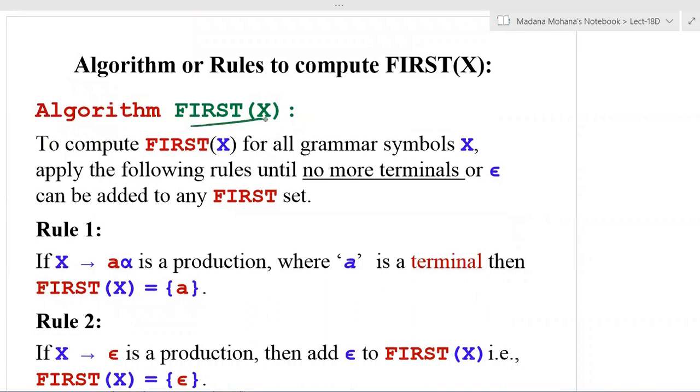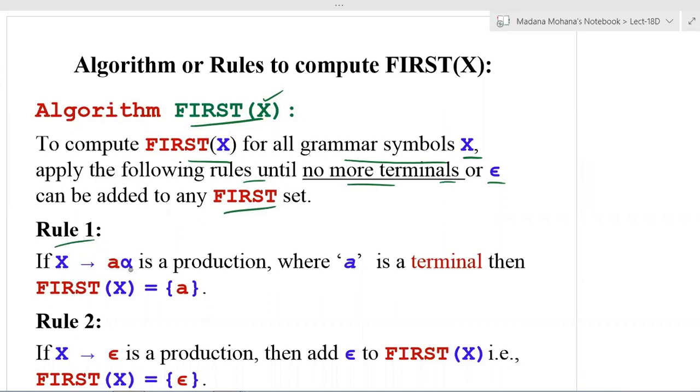Algorithm first of X. Here X is a grammar symbol. To compute first of X for all grammar symbols X, apply the following rules until no more terminals or null can be added to any first set. Rule 1: from now onwards, to compute first values, you can use the following rules as per this algorithm.